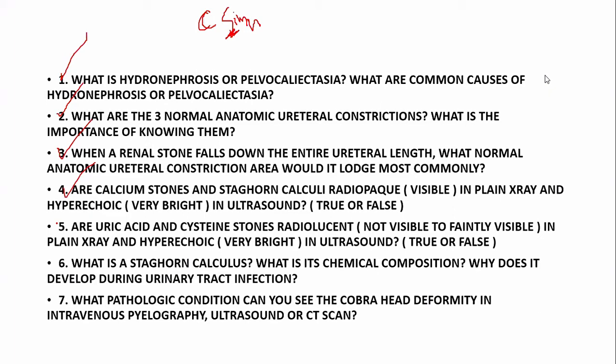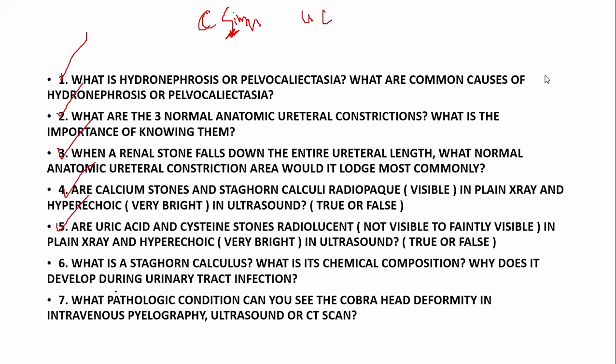So, uric acid could be hardly seen, or sometimes cannot be seen at all in X-ray, but in ultrasound they can be seen. So, therefore, ultrasound is a better modality in trying to visualize stones. So, don't forget, uric acid, cysteine as well.